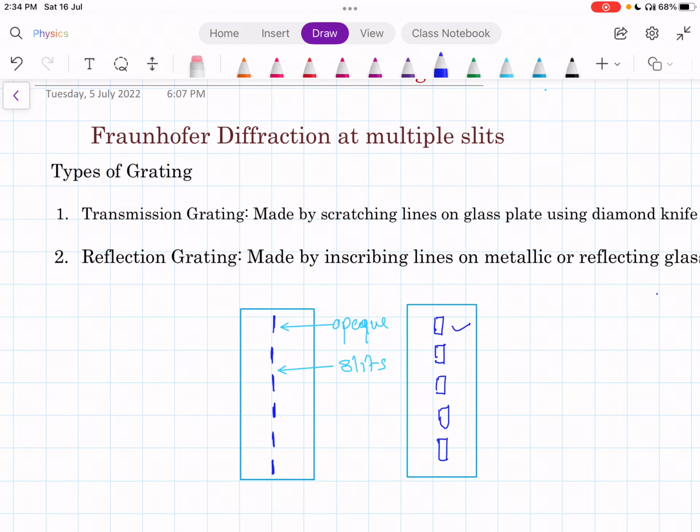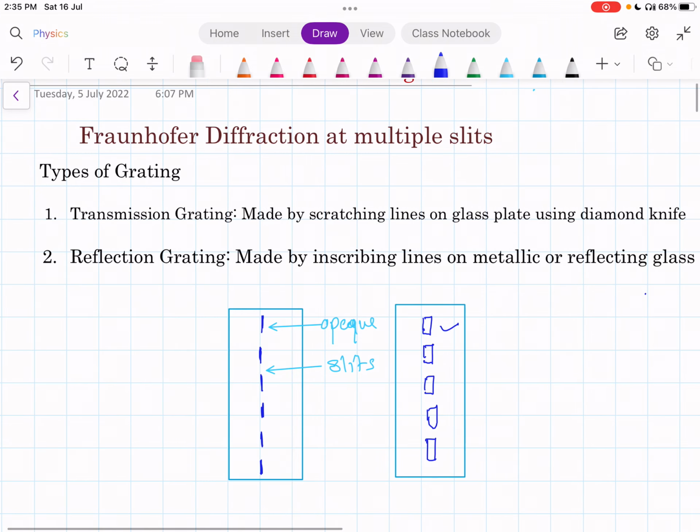Such lines are inscribed, engraved, on the reflecting surface, and that makes a reflection grating. So these are the two types of grating. In this lecture, we are going to consider the transmission grating, which consists of a large number of slits, that is, n number of slits.